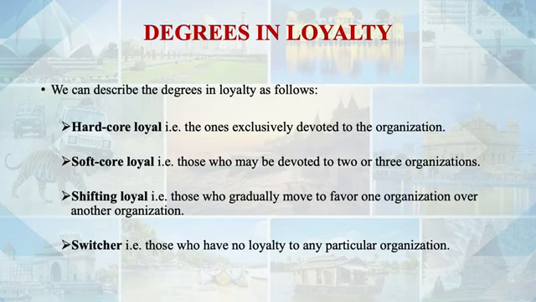They shift from one to another as per their requirements. By studying the softcore loyals, a company can pinpoint which brands are most competitive with its own. Some airlines and hotels try to convert their softcore loyals into hardcore loyals by offering free mileage or free accommodation when they accumulate a certain number of mileages or night stays.